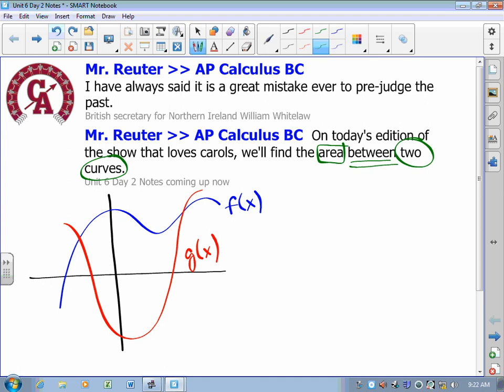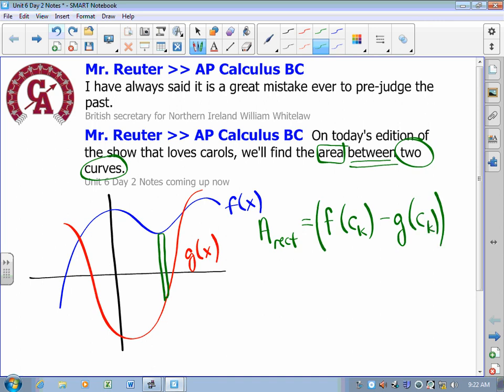And so what we do theoretically is we divide up the region into a whole bunch of approximating rectangles. And the area of each rectangle is length times width. The length is f at some special place minus g at some special place, and the width is a teeny tiny change in x.